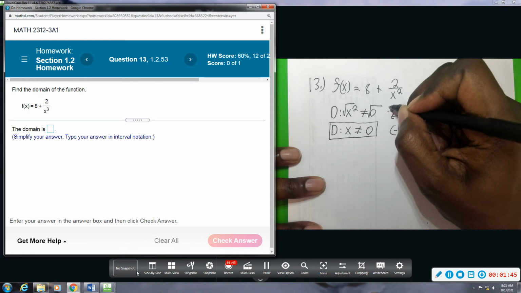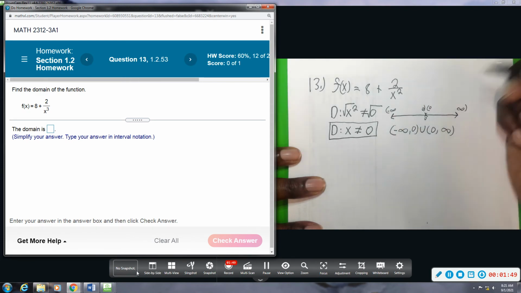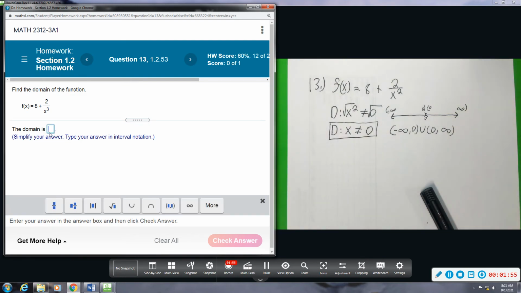So we have the left side of 0 and the right side of 0. So that's kind of how this notation comes about. And they want us to type it in interval notation. That's why it's important to know that method. Negative infinity to 0, union 0 to infinity.